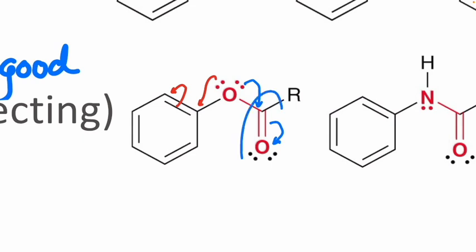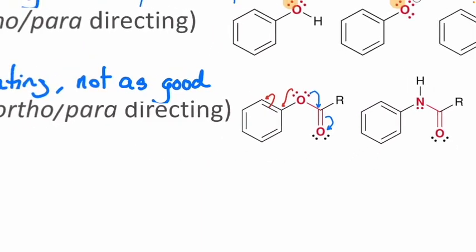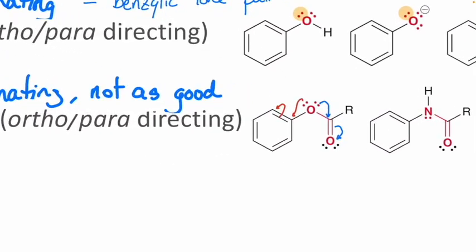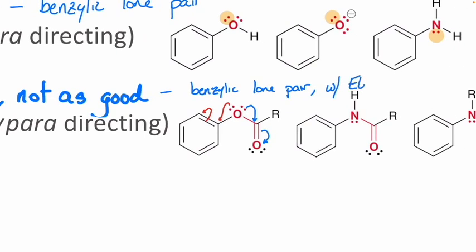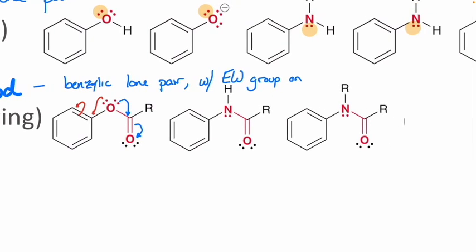Right? Effectively, this carbonyl group here is pulling some of that electron density towards itself. So there's not as much left over for the ring. Okay, so we can say our common feature here: benzylic lone pair with electron withdrawing group on the other side.